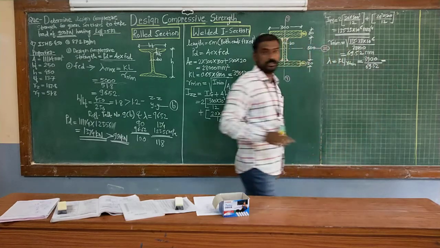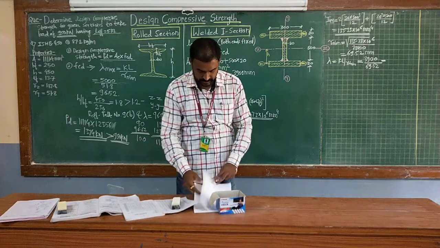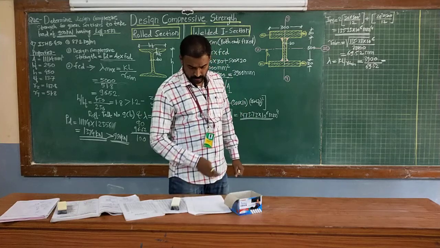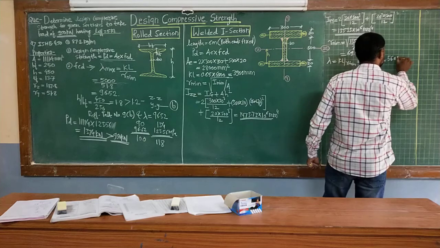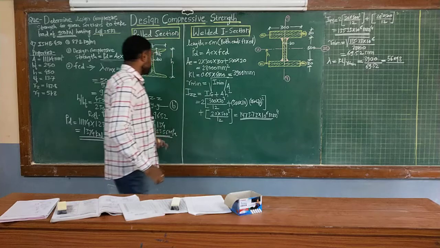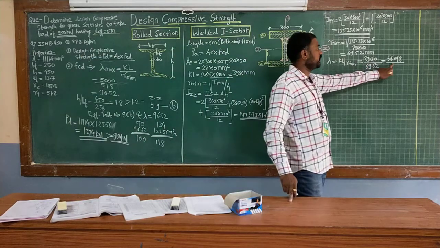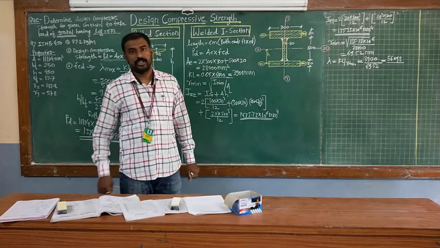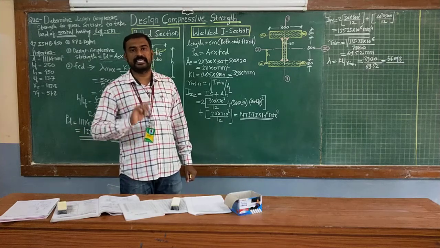So the slenderness ratio you are getting for that calculation is 56.098, correct? Now here lambda value we have calculated, lambda maximum, and that is equal to 56.098. Now what is the next step? Here you need to identify the buckling class. So again referring to your table number 10 from page number 44 for buckling class, correct?